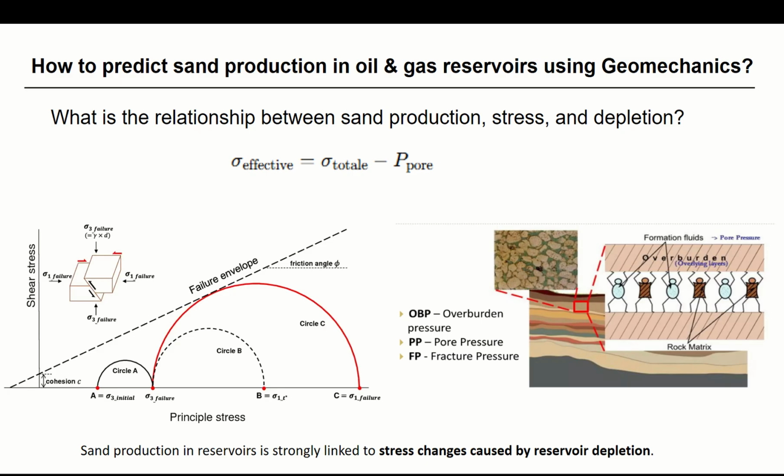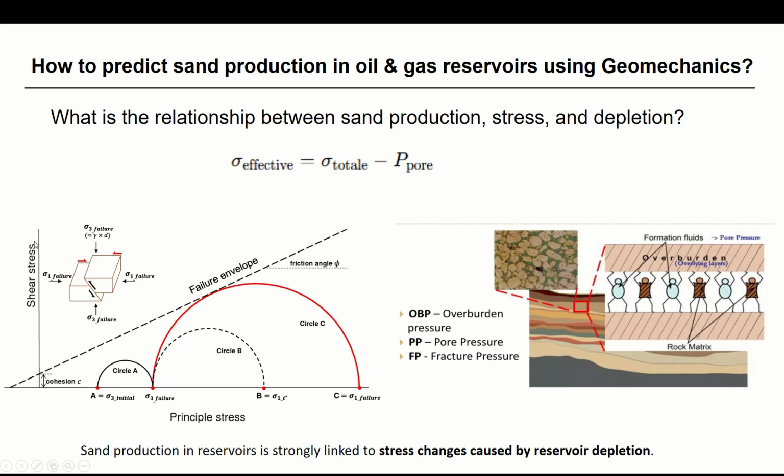As a result, the cohesion and the frictional angle will decrease, and in some cases the reservoir will be close to the failure envelope. Sand production occurs when the stress state around the wellbore or the perforation reaches the failure envelope, or the failure limit within the Mohr circle criterion.